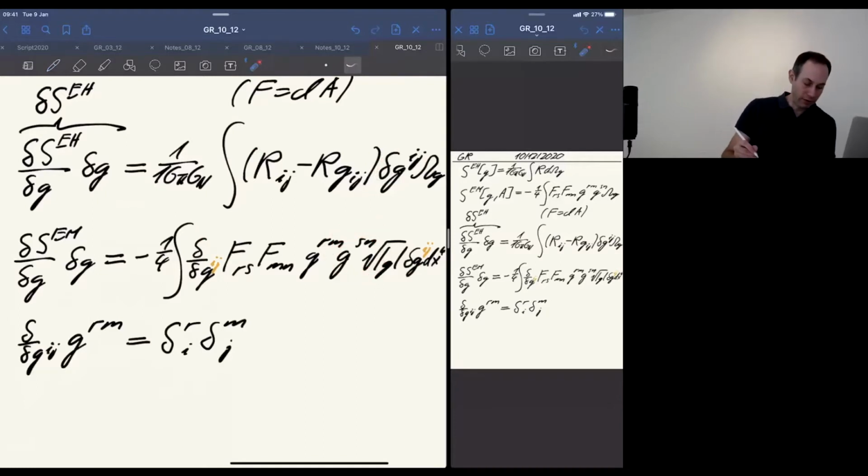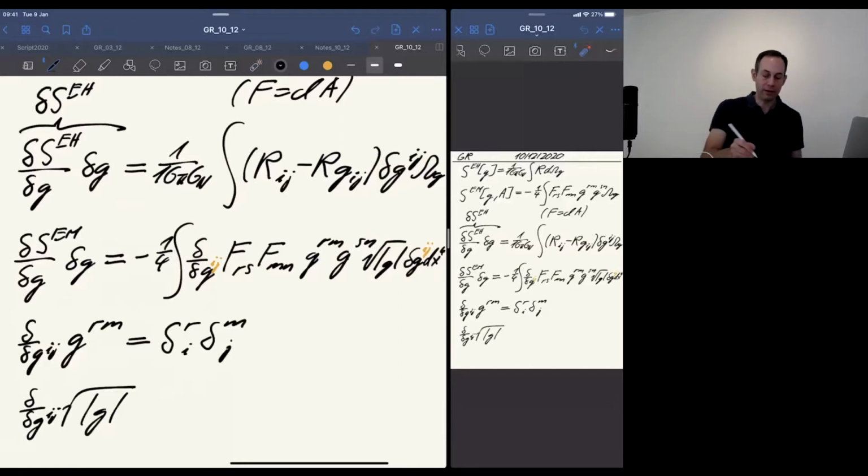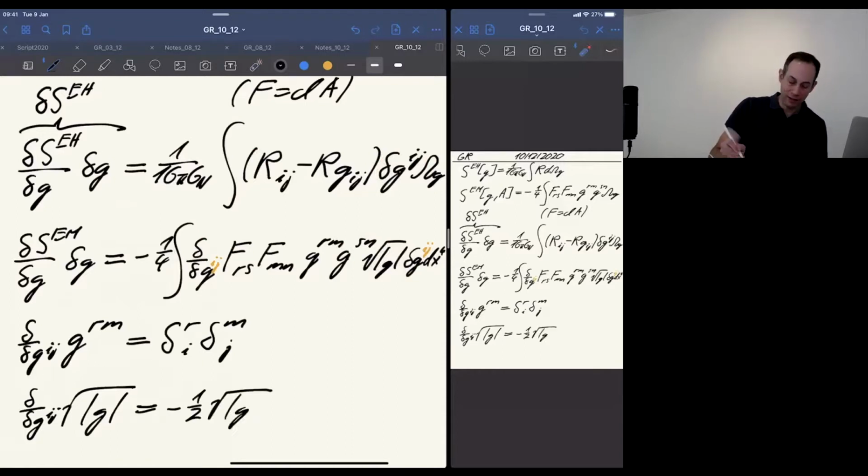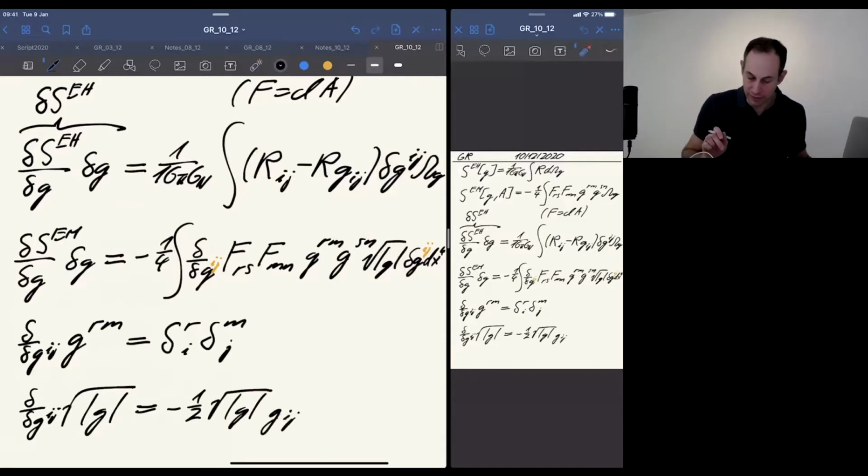Then the third term is a derivative with respect to the metric of the square root of the determinant of the metric tensor. And here I just used the result we derived last time. So I'll just copy it from the lecture on Tuesday. And if you look up on Tuesday, we had exactly such an expression. And I think the result was like this.